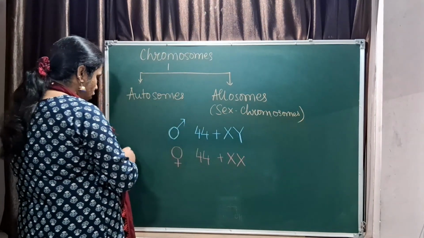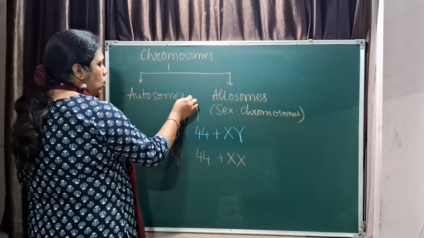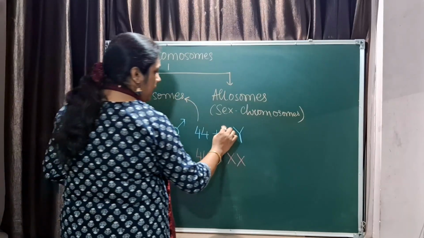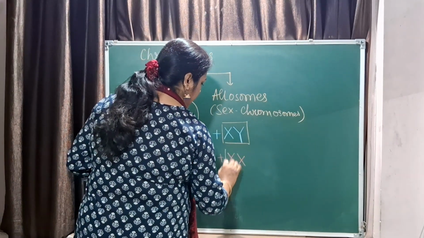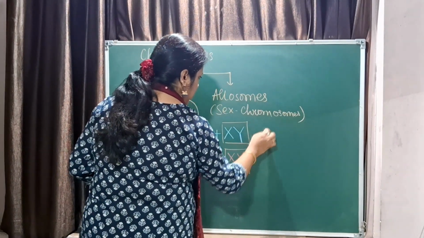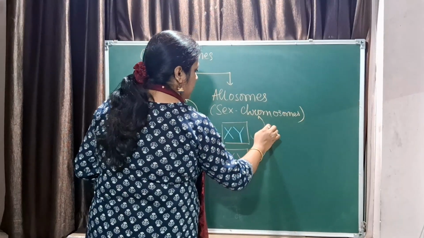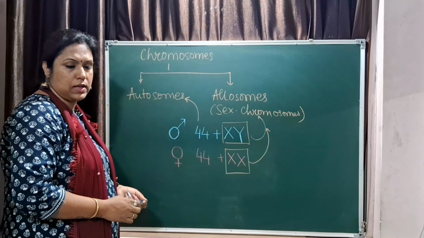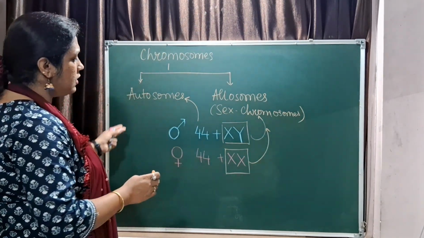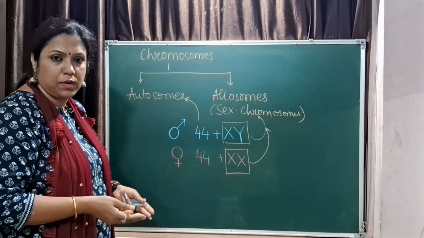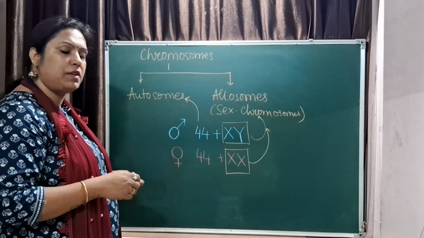So 44 is the autosomes, and XX and XY are the allosomes. Is that clear? Now this is the basic genotype of a human male and female.